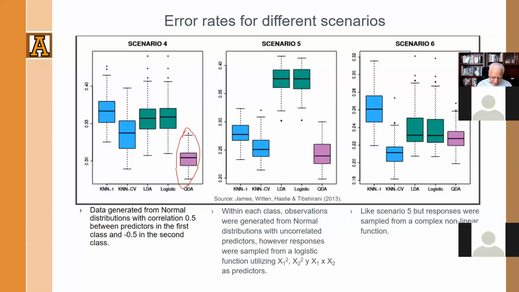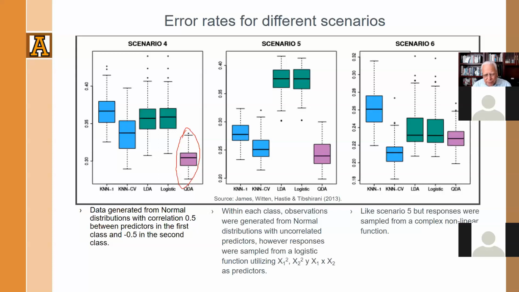So quadratic discriminant analysis is the one that works best, whereas linear does very poorly, logistic regression does very poorly, and so do the k nearest neighbors with k equal to 1 and k chosen by cross validation.